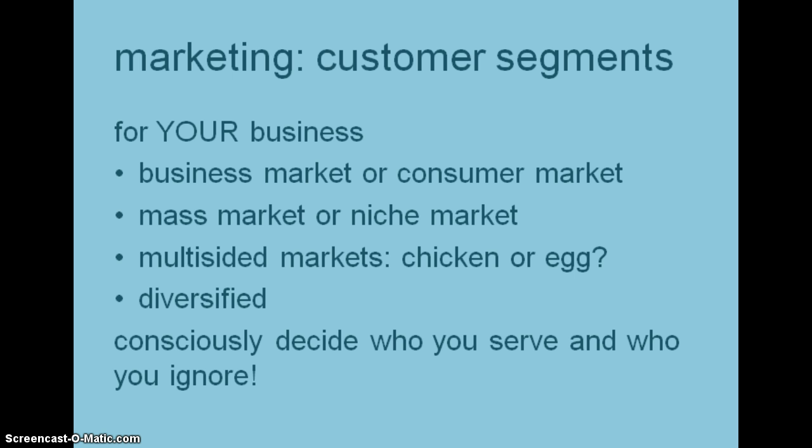And it's very easy to say, oh, but our product is for everyone. But that doesn't work, and it will not help you in developing a good business model. So in that sense, it's really important to find out who you are serving and who you are ignoring. Maybe not ignoring as in the bar, but as in your communication and other things.